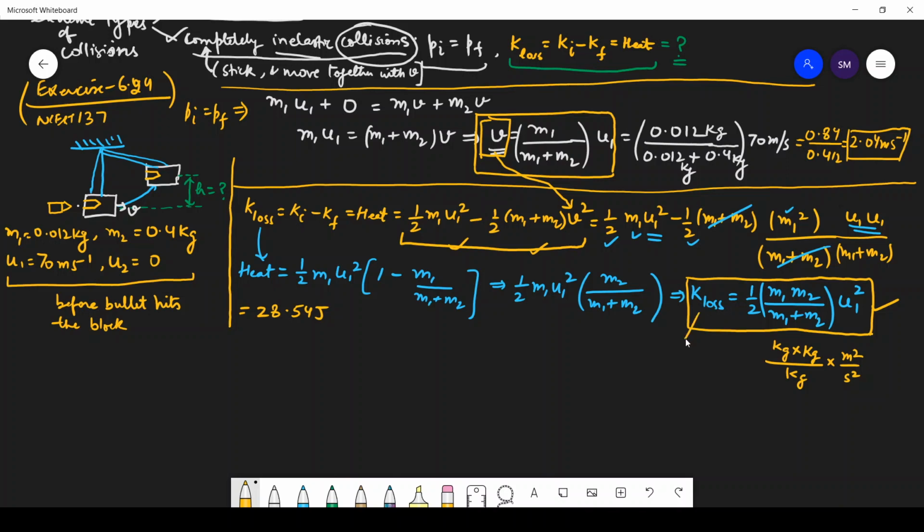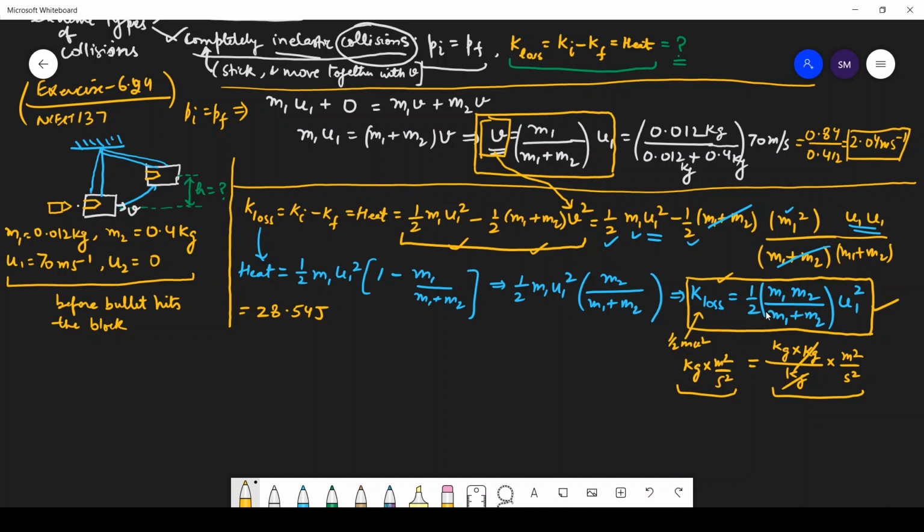The dimension of this: kinetic energy is half mv square, so half into mass means kilograms, and velocity square means meter square upon second square. So here also kilogram cancels out, and you can clearly see the units are the same on both the sides, so it means your formula is correct. So students, always check the correctness of the formula. That is very important in physics.